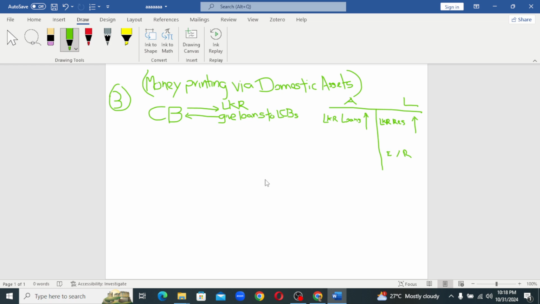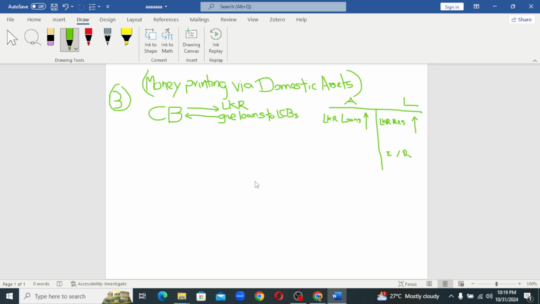That means issuance of new money or money printing could also be done via an increase of domestic assets of the central bank. In that case, the central bank issues LKR to the system or injects new money, and it will be giving loans to licensed commercial banks.